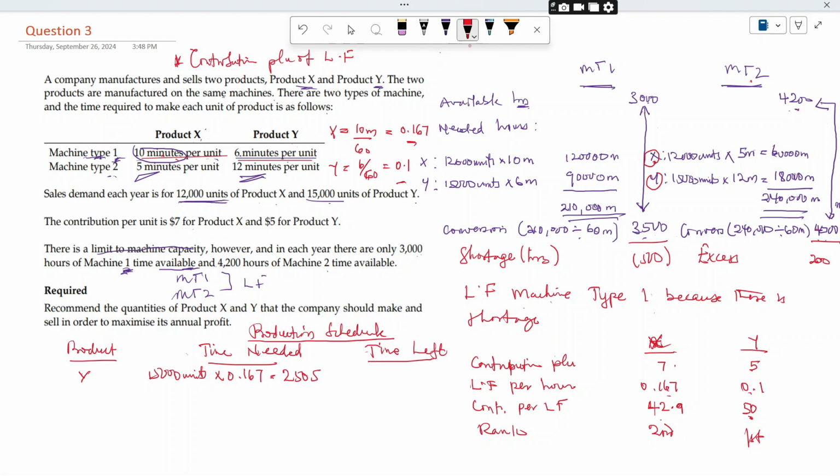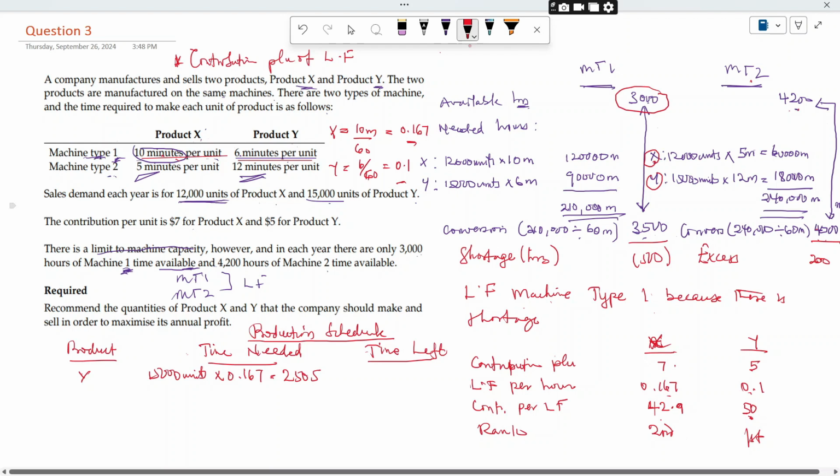But they are saying that the hours available on machine type 1, which is the limiting resource given in the question, is 3,000. So the time that will be left is 3,000 minus 2,505.